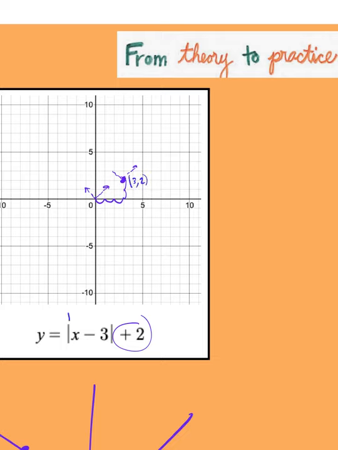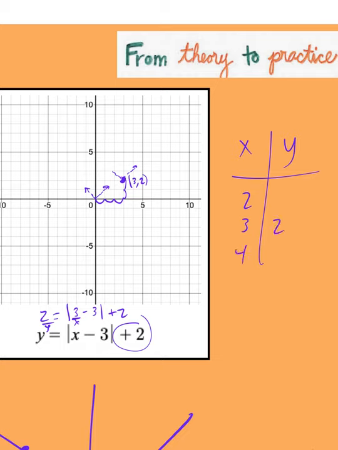If we put absolute value of 3 minus 3 plus 2, well, 3 minus 3 is 0, plus 2 is 2. So there you can see it. This was our x, and there's our y. Let's put in 2 and 4 for x, just to finish this and see what we see.